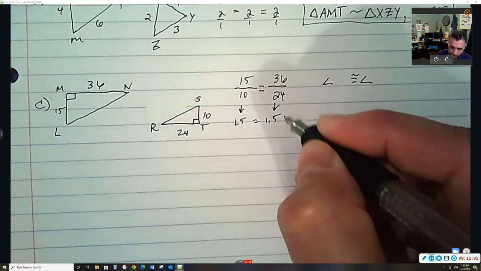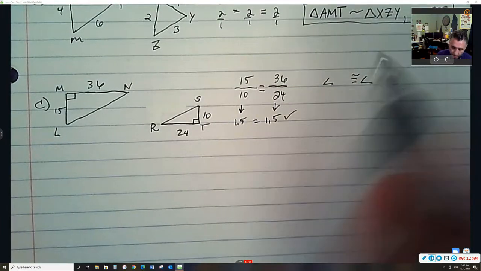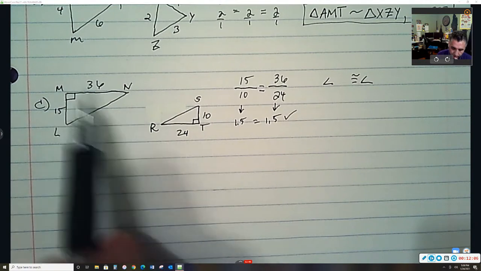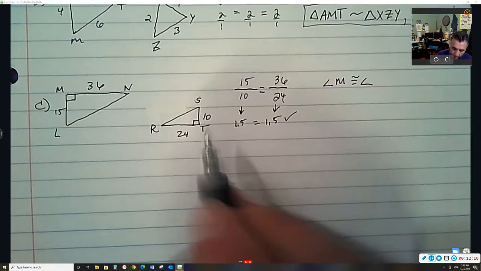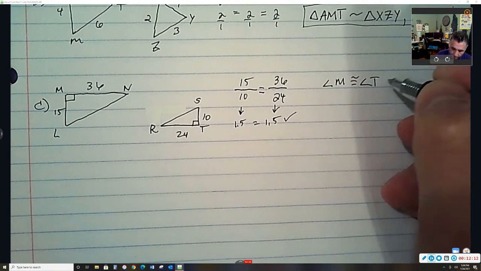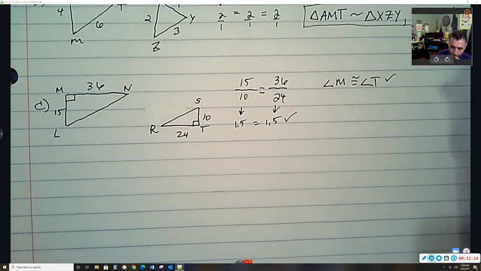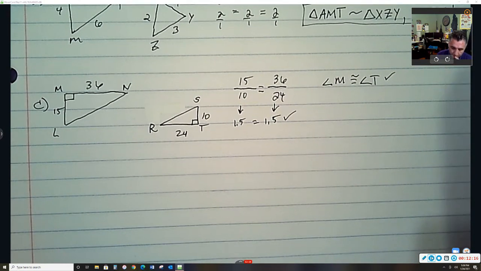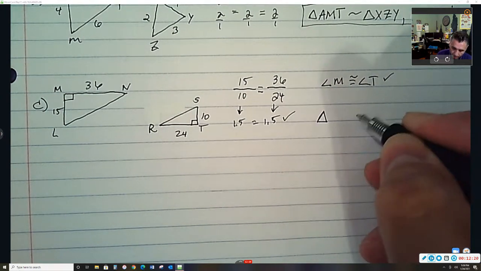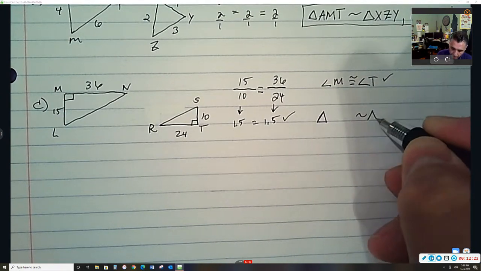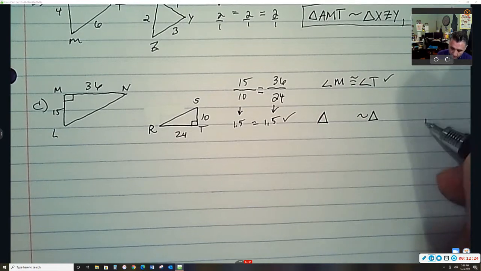So they are proportional, they're equal. And then the angle that's congruent is in the middle, it's angle M and then angle T. So they are similar by side angle side.